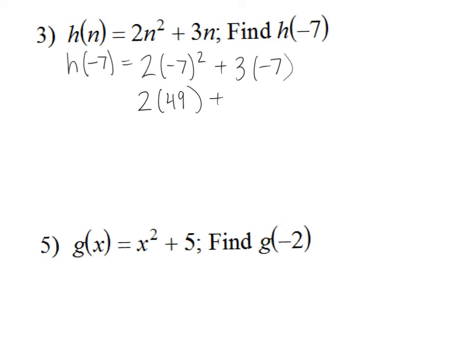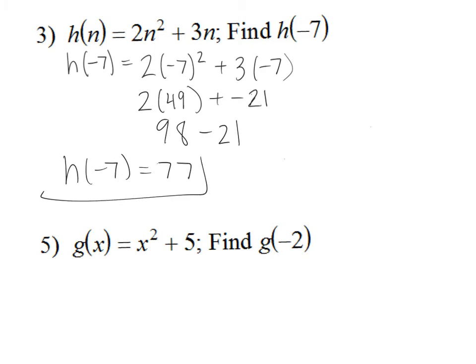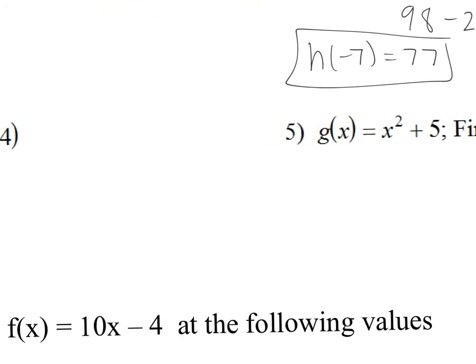I'll then multiply that by 2 on the next step. Over here, in the meantime, I get -21. And then I can do 2 times 49, which is 98. And then I'm going to subtract 21 altogether. When I plugged in -7, I got 77 for h of -7.